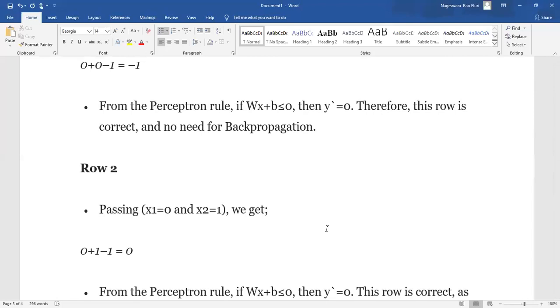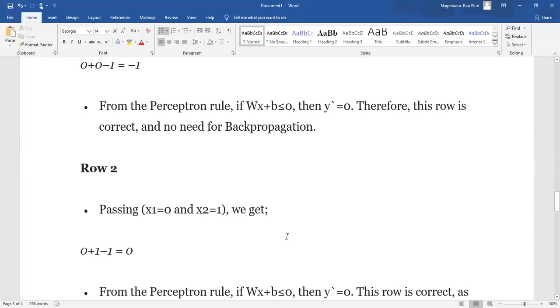Now we will go for row 2. x1 is 0 and x2 is 1. You substitute in equation 1: w1 times x1 plus w2 times x2 plus b. Already we assumed weights are 1 and 1. So now you get the equation x1 plus x2 minus 1.